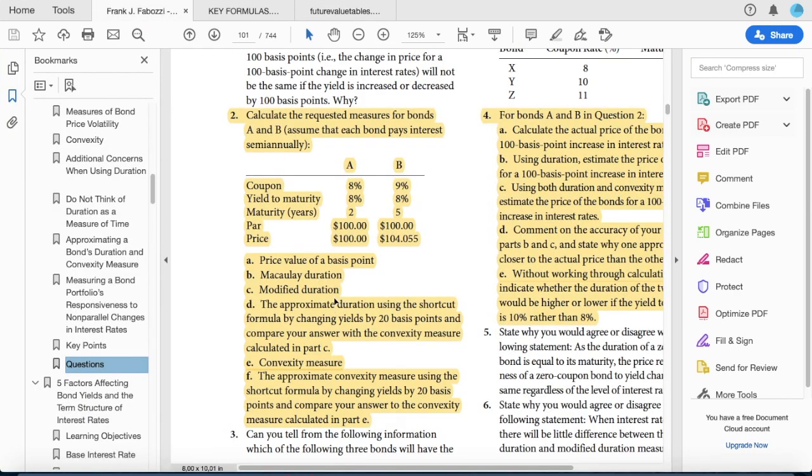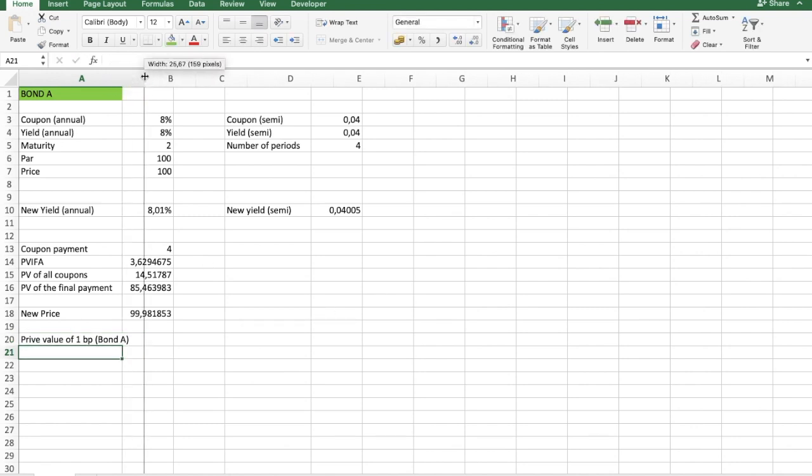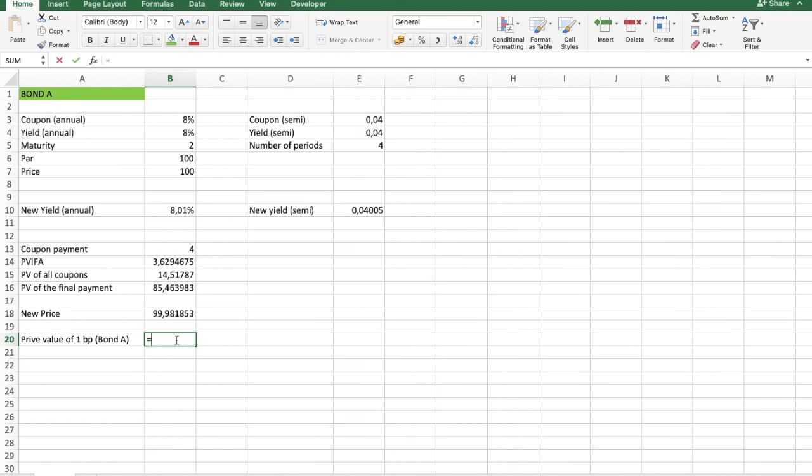So this means that the price value of 1 basis point, I write it BP for basis point, for the bond A, is simply equal to the current price minus the new price, and it is equal to 0.0181473.